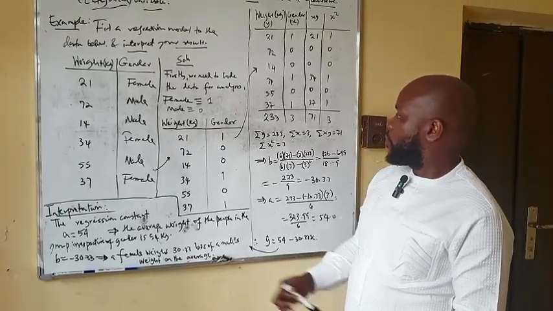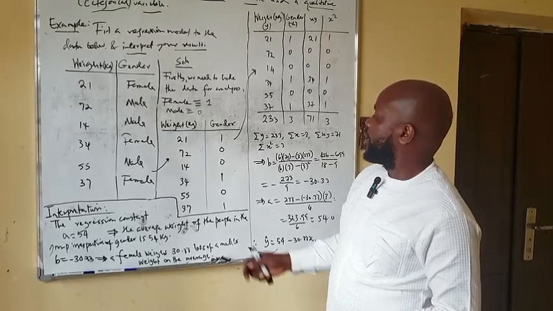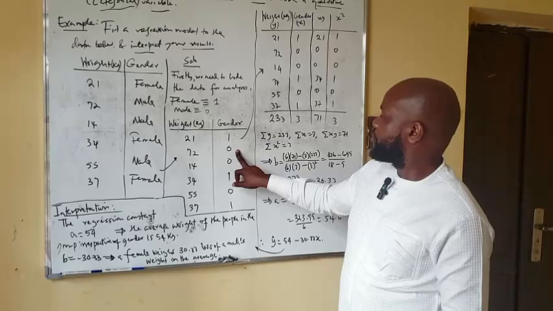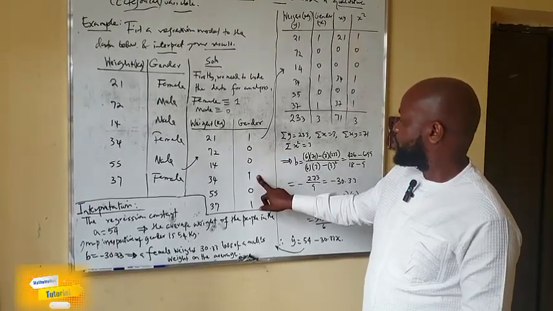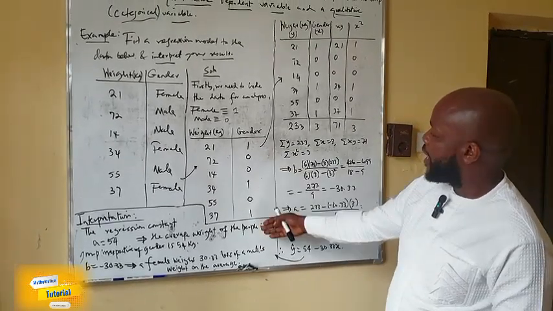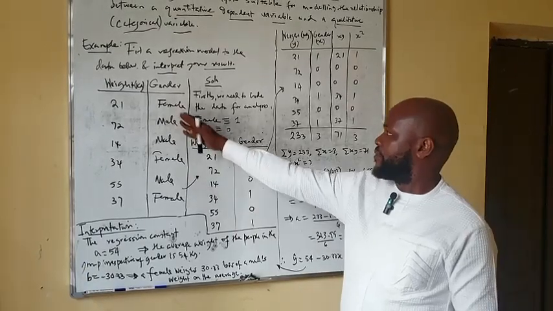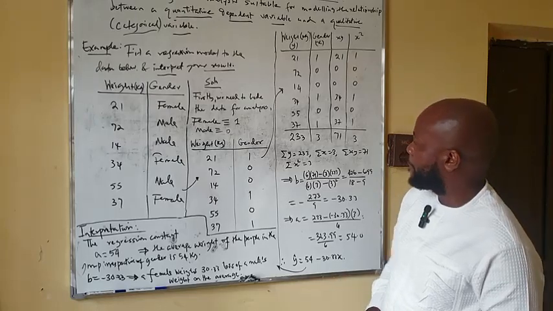So to code the data, we have weight, the same thing we had before in the original data set. And we now code the gender: 0 for male, 1 for female, 0 for male, 0 for male, 1 for female, 0 for male, and 1 for female. At this point we have numerical stand-ins for the categorical variable under gender.